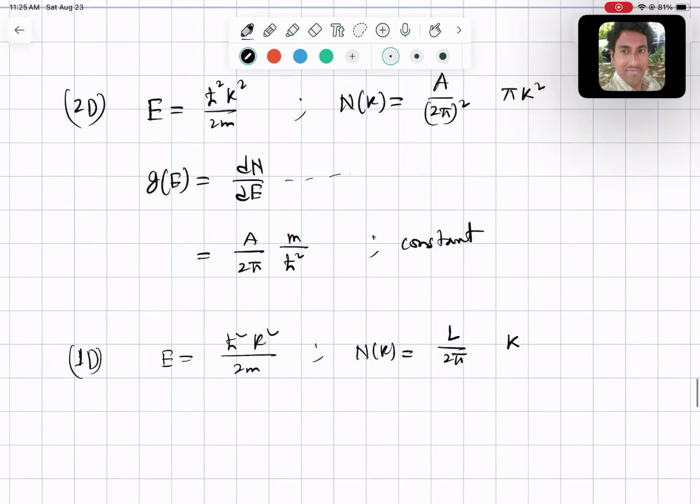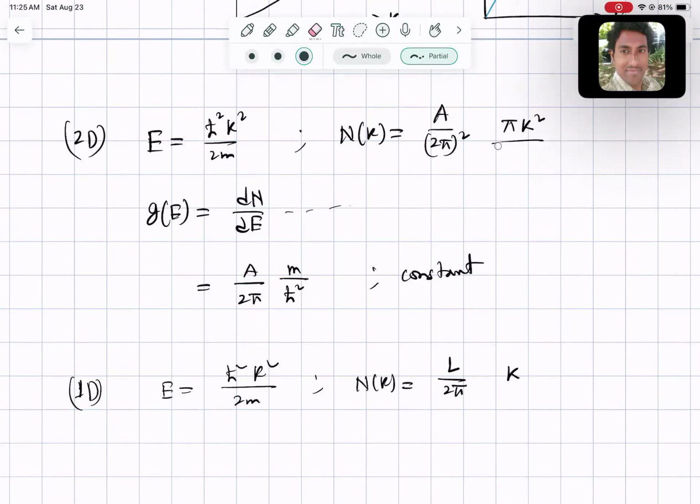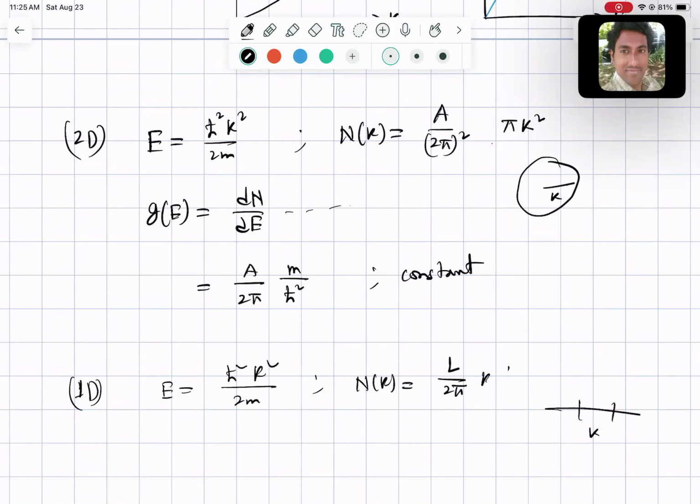Because pi r squared is the area, and when you are in 1D, you just have k length. This is a circle, so area is pi squared. This is just a length, so just the k here. And the density of states would be, if you compute the same way, 1 over pi, m over twice h bar squared E.